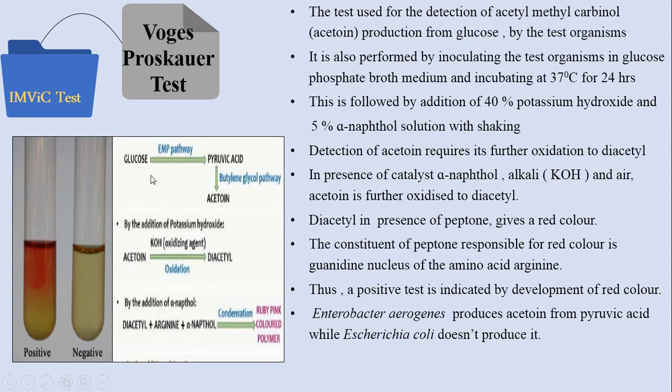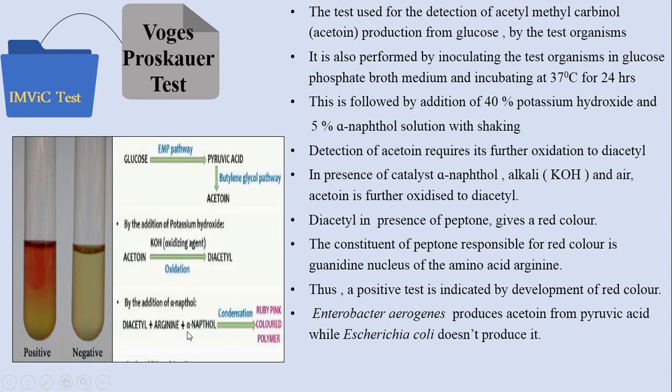So these are the biochemical reactions in the Voges-Proskauer test. Initially, the glucose is converted to pyruvic acid. This pyruvic acid is converted to acetone. But acetone production is only carried out by the organism Enterobacter aerogenes. The so produced acetone is oxidized to diacetyl in presence of an oxidizing agent, that is potassium hydroxide.